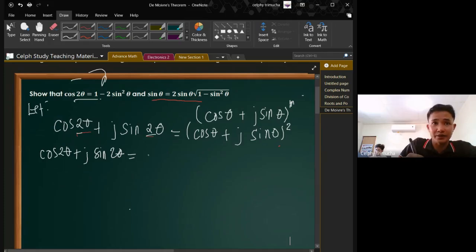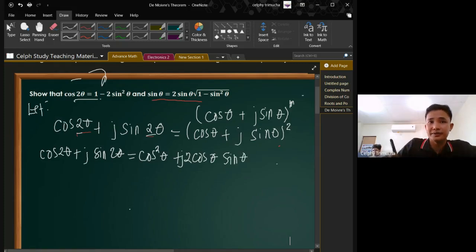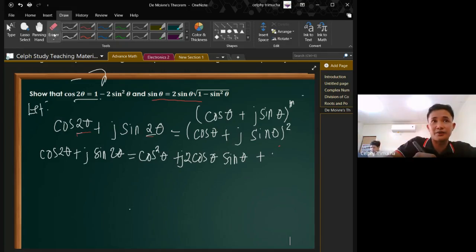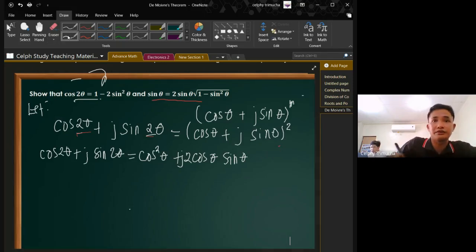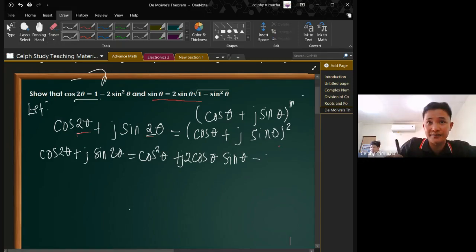We will have cosine squared theta plus 2 cosine theta sine theta j, plus j squared sine squared theta. So diretso ko na lang kay j squared, ito yung answer will be negative, so minus sine squared theta.